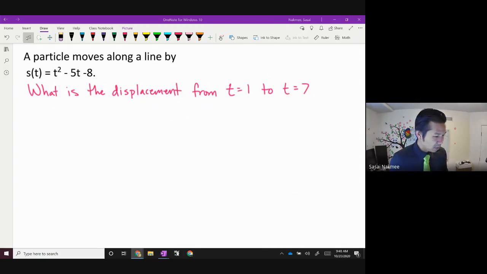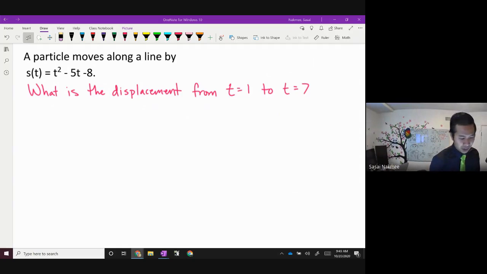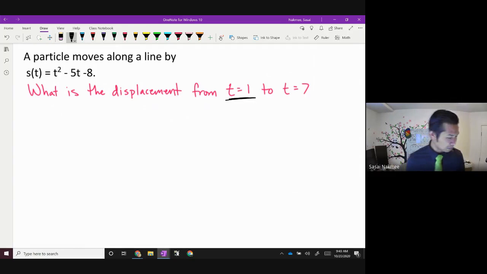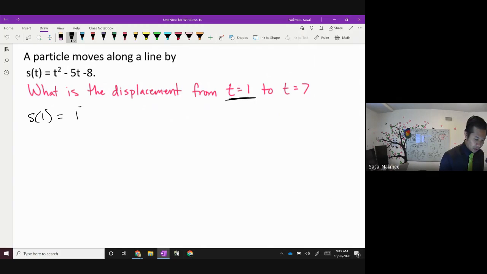And what is its displacement? Now, remember, the displacement is the difference in the position, right? So I need to figure out, first of all, what is its position at t equals 1? And how do you find that? You just plug it in, right? So the position at t equals 1 will be 1 squared minus 5 times 1 minus 8.